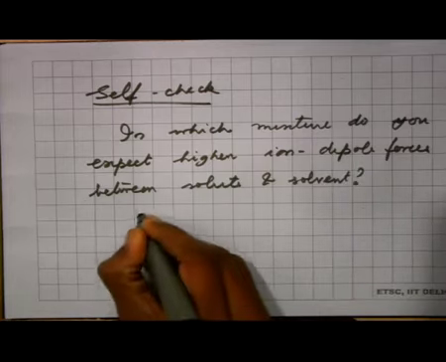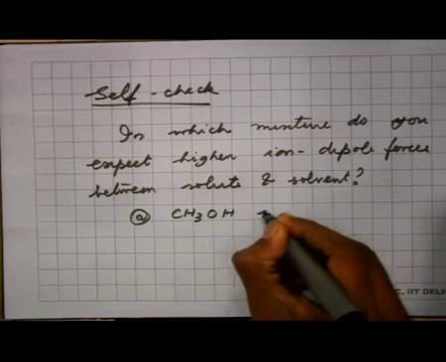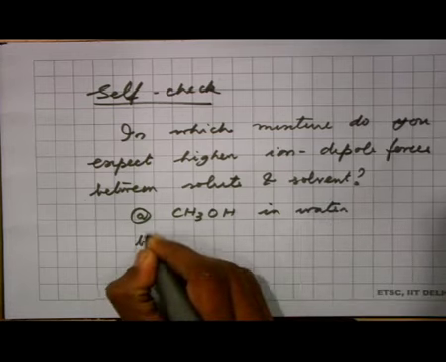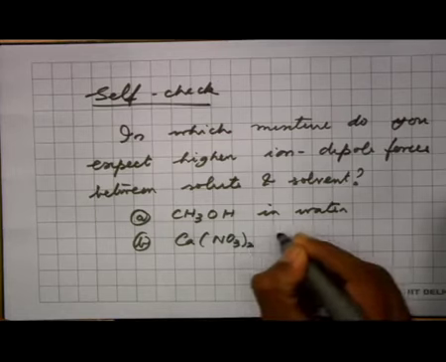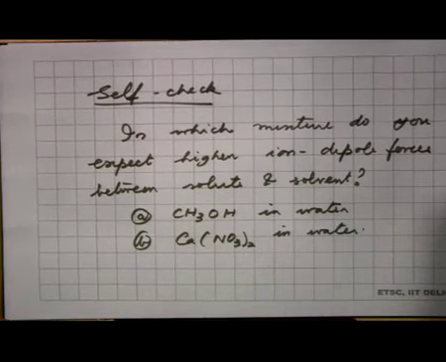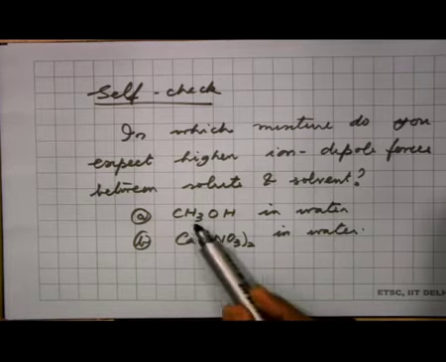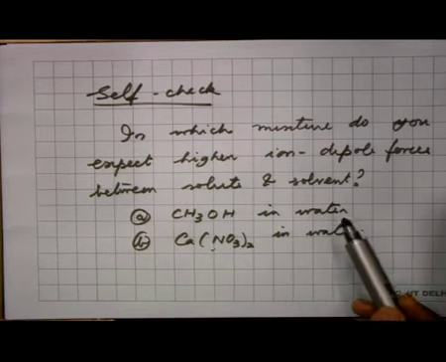And the choice is between methanol in water and calcium nitrate in water. So, you have to see which of these two solutes, when you put it in water, will ionize.